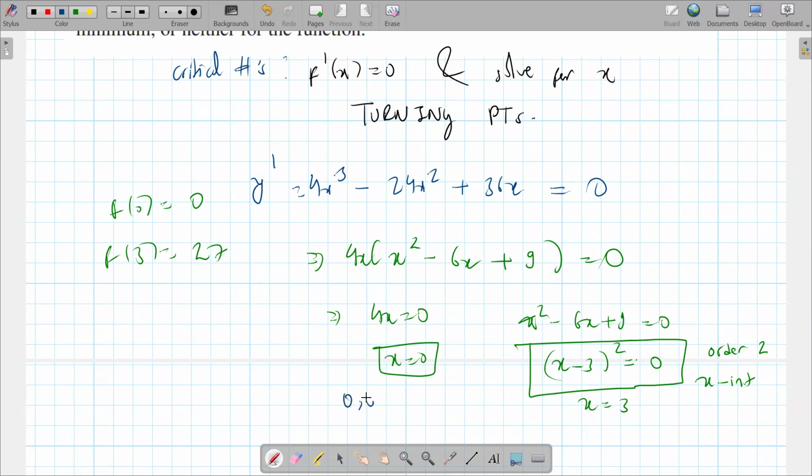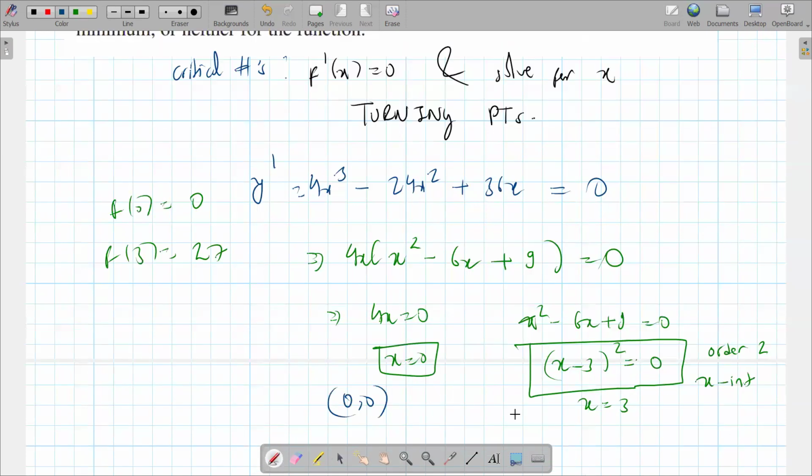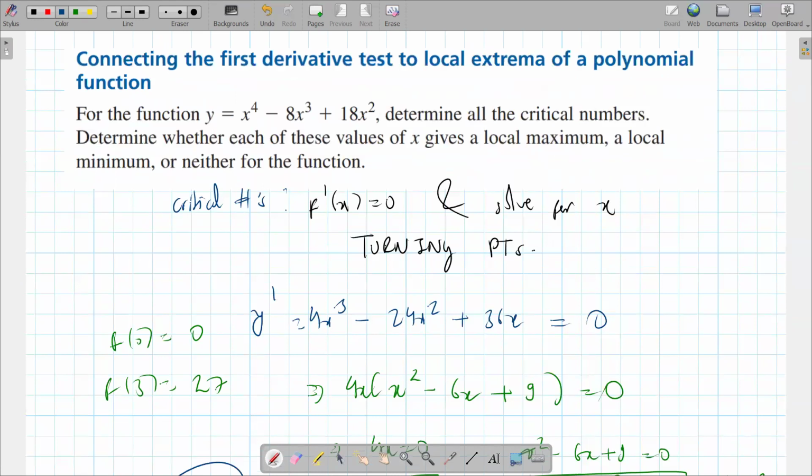Is 0, 0 a minimum or a maximum? It's a minimum, right? What about 3, 27? Is that a minimum or a maximum? Maximum, exactly.